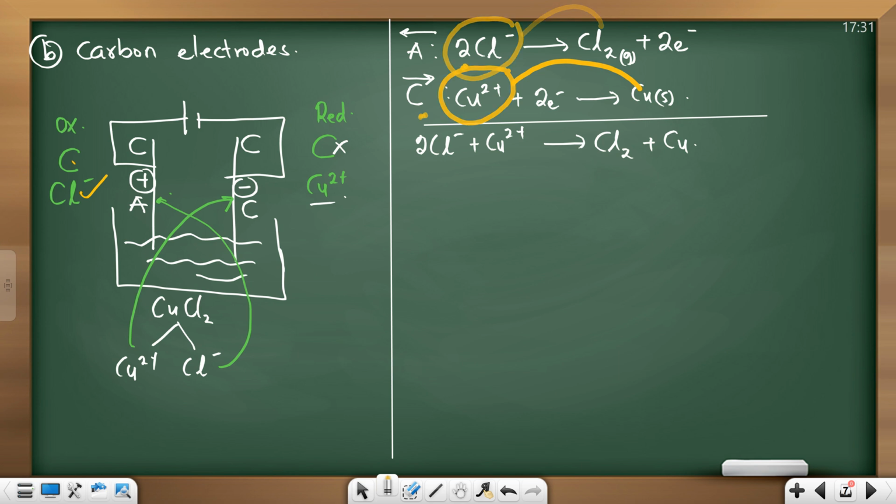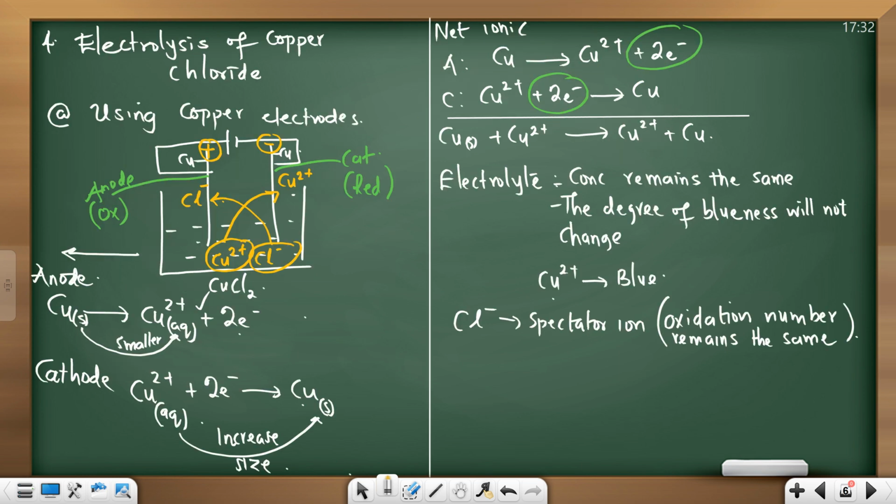Cu. Do you notice we are losing Cu2 plus, but we're not getting it back? As compared to, okay, stop, let's check. Come back to this equation. Cu2 plus is converted to what? Cu. We're losing it here. What's happening here? We're gaining it back.